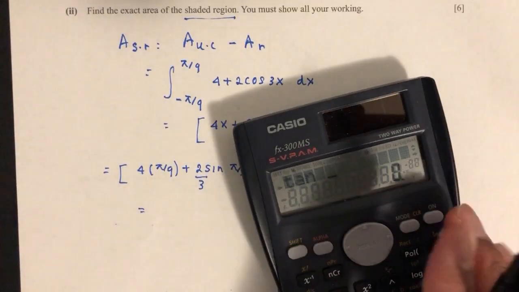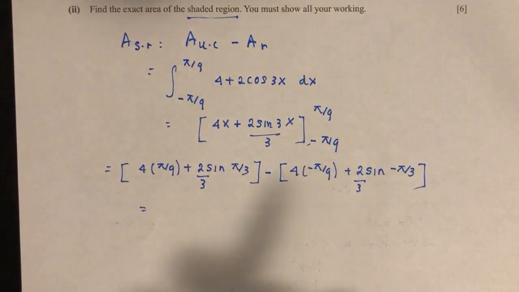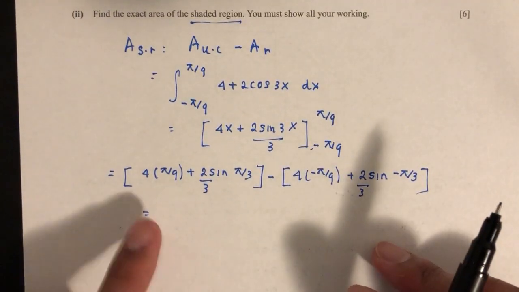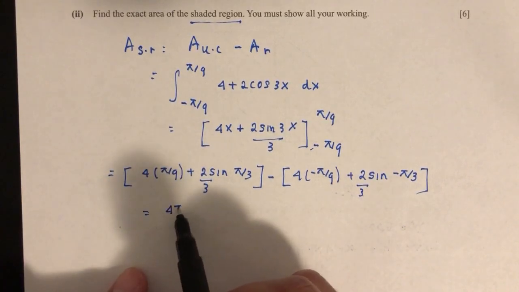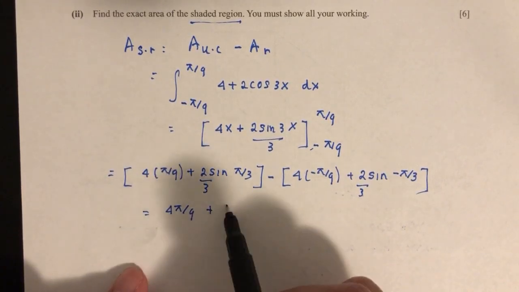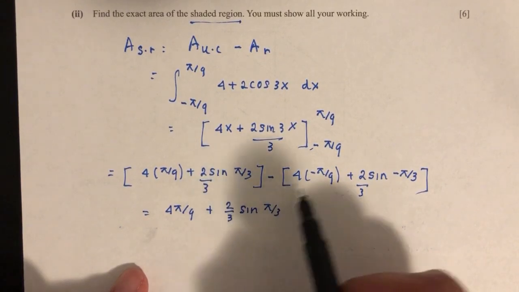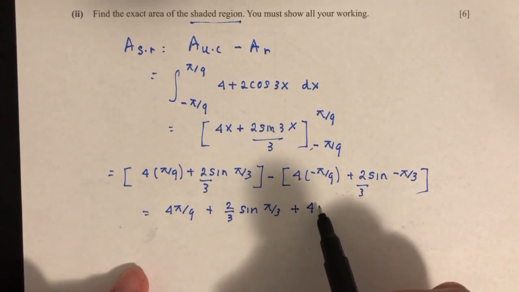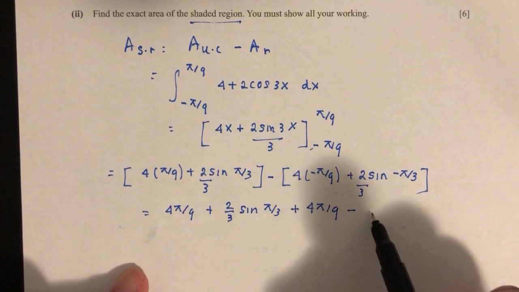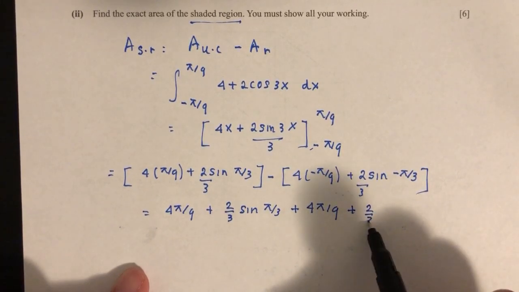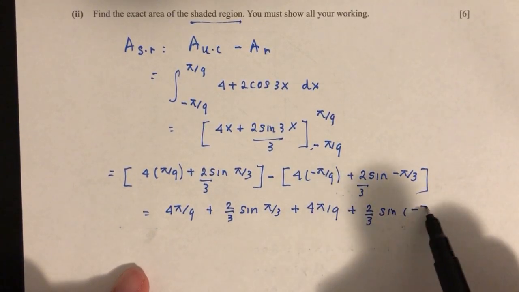For the first one, we can simplify this first. Let's take out the brackets. So here we have 4 pi by 9 plus 2 over 3 sine pi by 3, then plus 4 pi by 9 plus 2 over 3 sine of minus pi by 3.